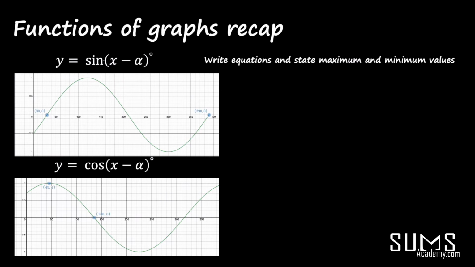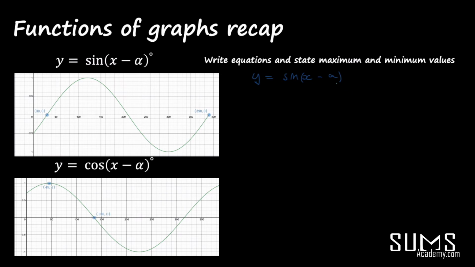But let's see if we can figure out what it is. So first off we want to think about y equals sine x minus alpha. That's the equation. And we can see that this goes to 1, -1, so there's no a in front of here, it's just a normal sine graph that's been shifted.